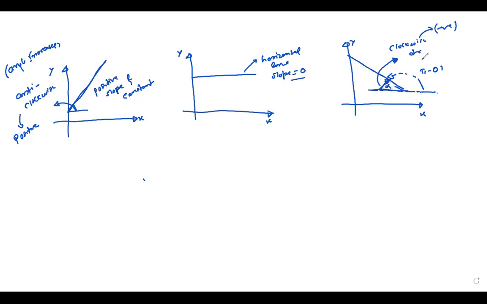In this case, this is a clockwise direction. So slope is negative and constant. Now let's draw the next graph. Y-axis.